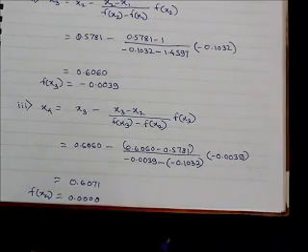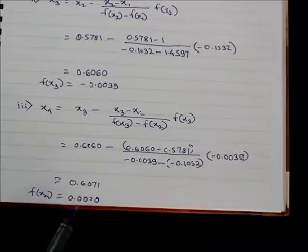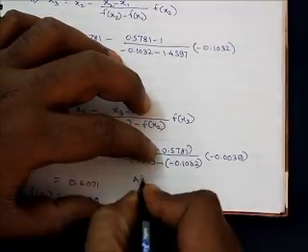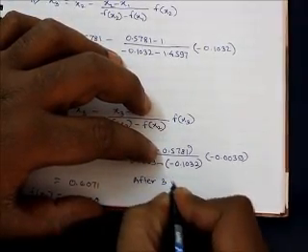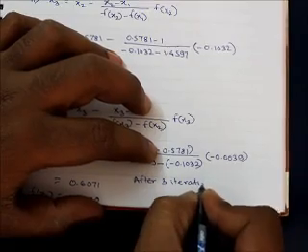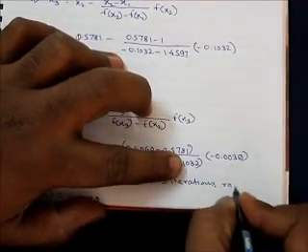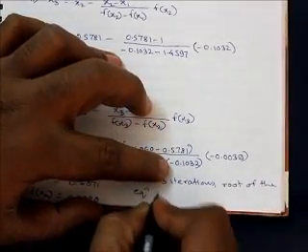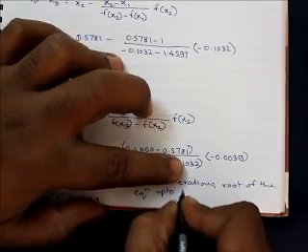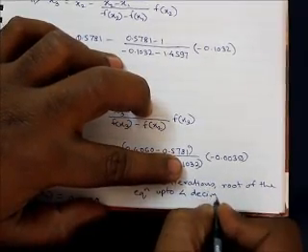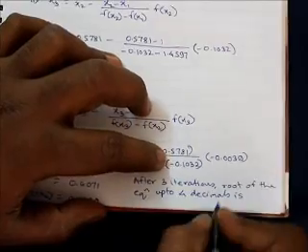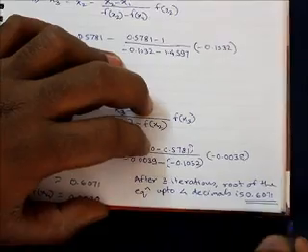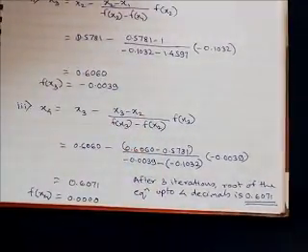You can just take this as the root and write it down that after 3 iterations, the root of the equation up to 4 decimals is 0.6071. Okay, just write that down as your answer and you're done.